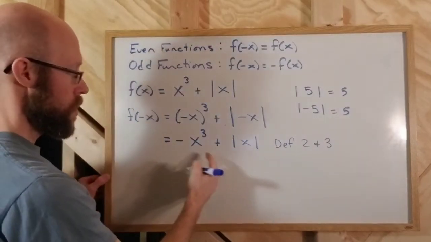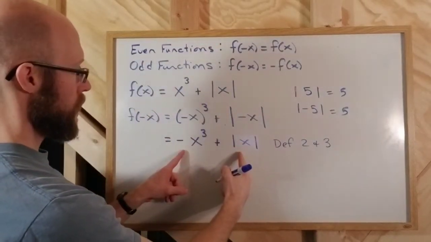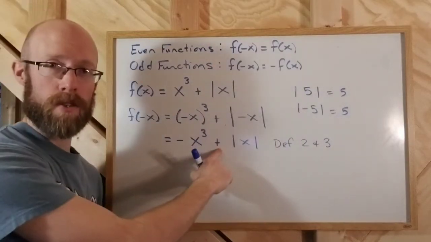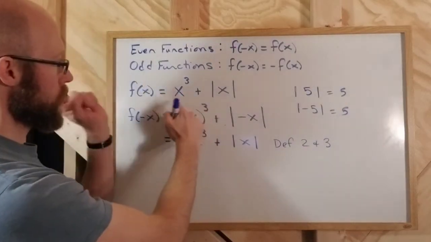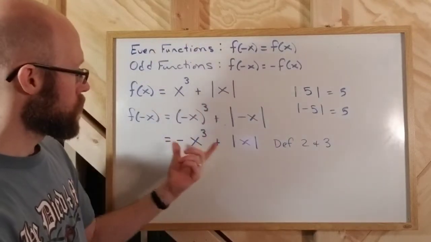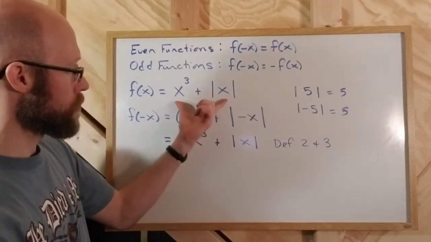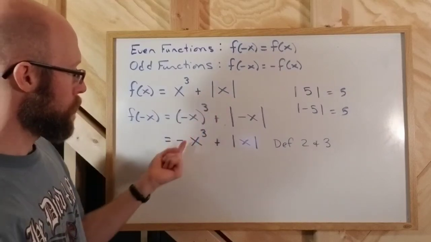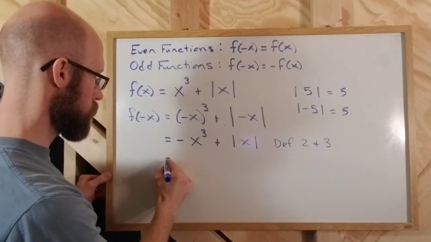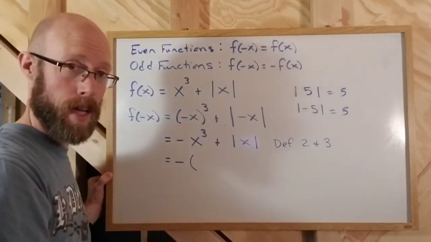And so what I end up with here is a negative on the first term, a positive on the second term. Well, my original function has a positive and a positive. There's no way to make this equal the original function, because if I wanted to make the first term a positive, I'd have to factor out a negative 1.